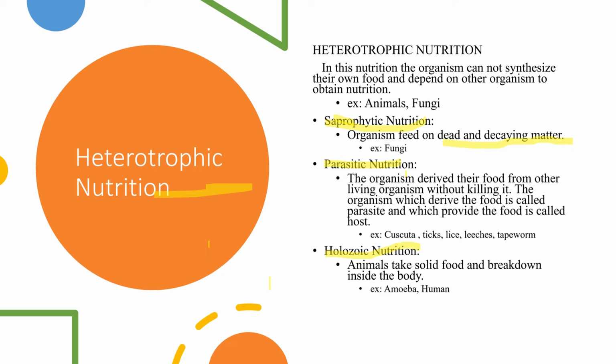For example, a louse on a human: the louse is called the parasite and the human is called the host. And in holozoic mode of nutrition, the animal takes solid food and breaks it down inside the body. For example, amoeba and human.